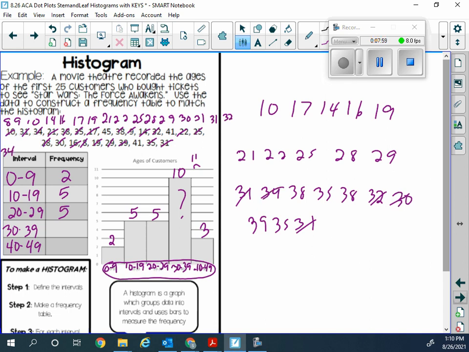Then what? 35, 35. 38, 38, 39, right? Okay. And let's make sure there were 10. 1, 2, 3, 4, 5, 6, 7, 8, 9, 10. And the last ones are the 40s. I only have a 45, a 41, and a 41. So 41, 41, 45. Okay.